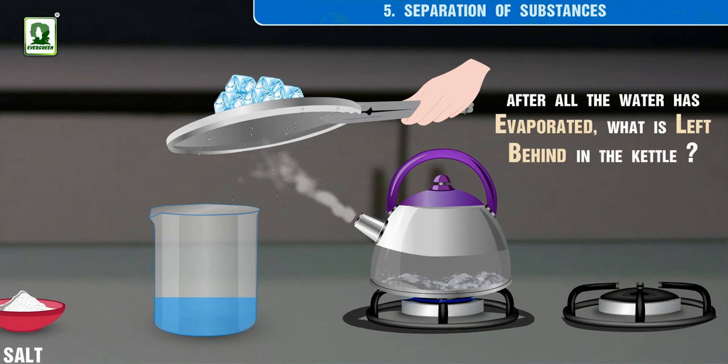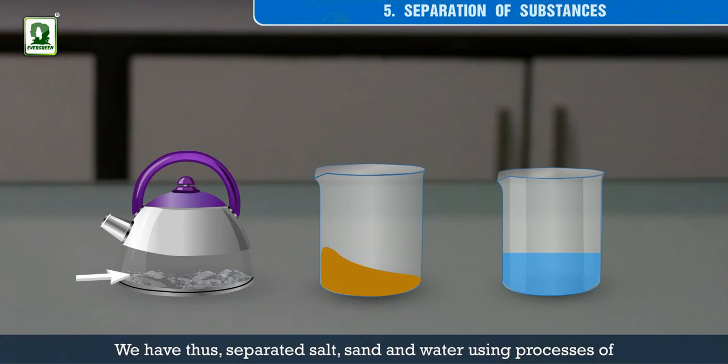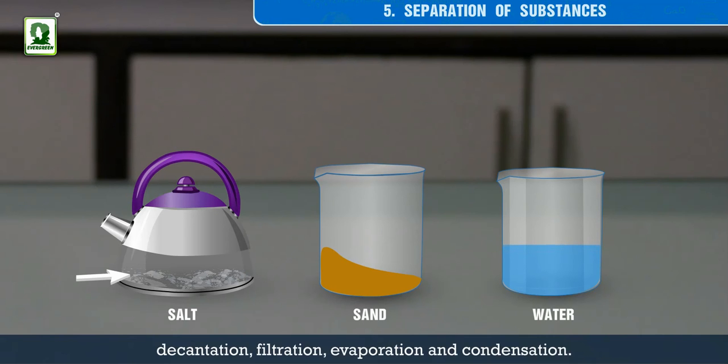After all the water has evaporated, what is left behind in the kettle? We have thus separated salt, sand, and water using processes of decantation, filtration, evaporation, and condensation.